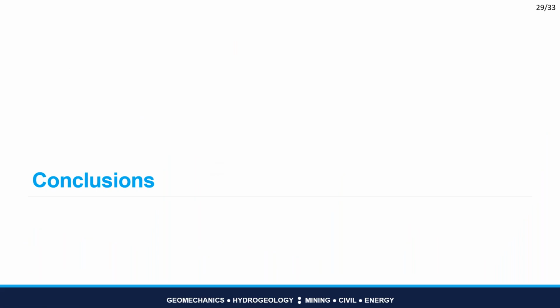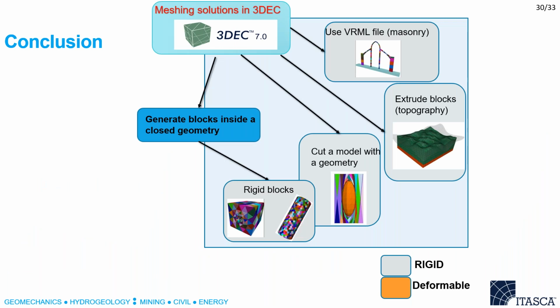So here I come to the conclusions. Today we have seen the meshing solutions inside 3DEC, mainly using geometries. With geometries, we can do several things in 3DEC. We can mesh rigid blocks. We can generate block assemblies inside a closed geometry. We can also generate a masonry model, a brick model.